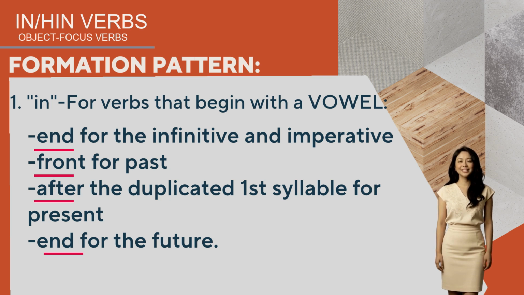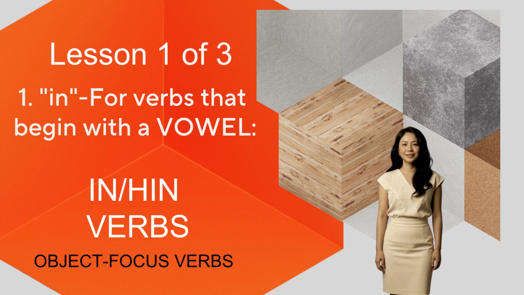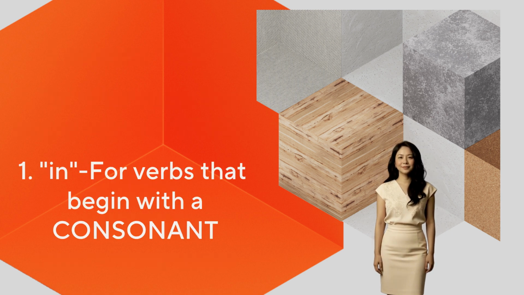So the big idea is this. For vowel initial roots, in moves. Front, after the duplicate, then end again. So for our lesson 1, we learned the formation pattern for conjugating in verbs that begin with a vowel.